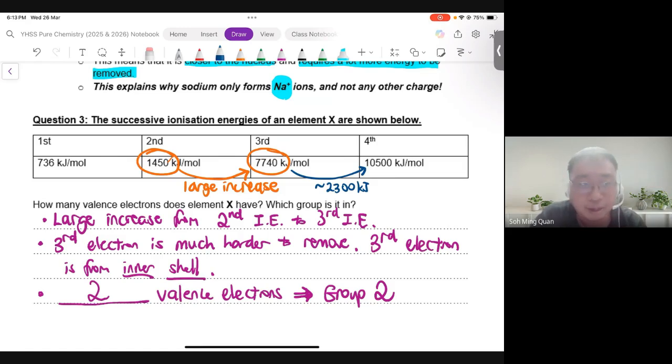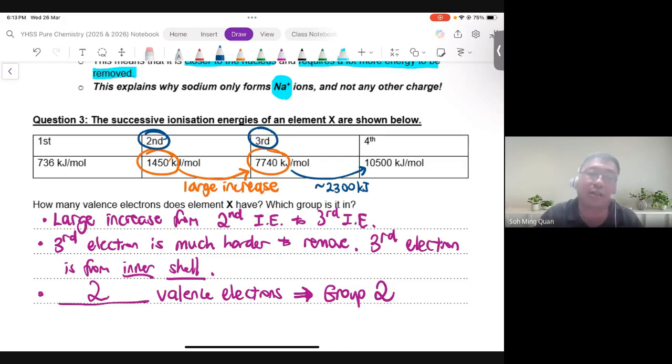Now, this question is a very typical question. What happens is that you need to look for the large increase in the IE. Remember, IE is the energy required to remove the electron. So the second IE is the energy required to remove the second electron. The third IE is the energy required to remove the third electron. So if there's a large increase from the second to the third, that means you need a lot more energy.